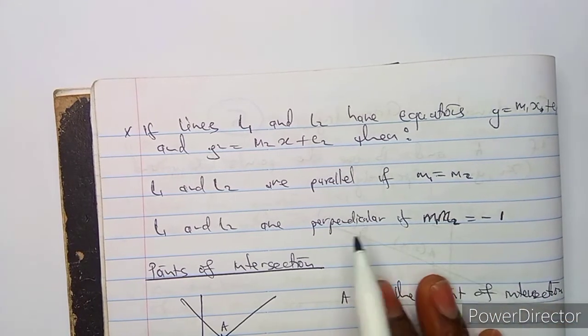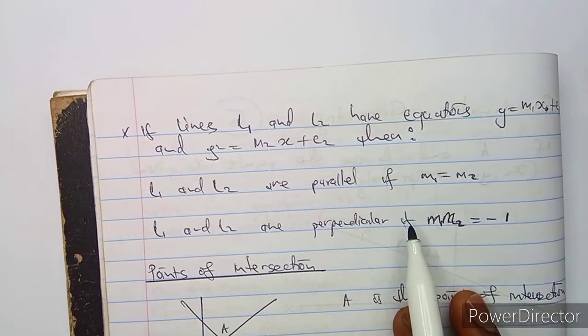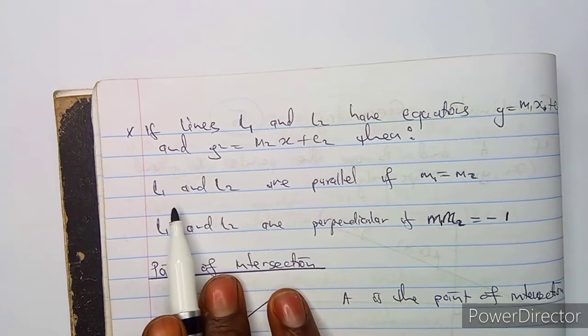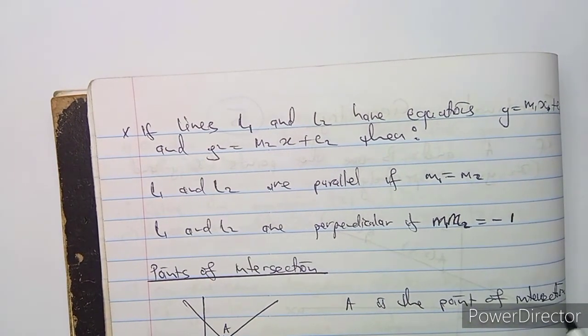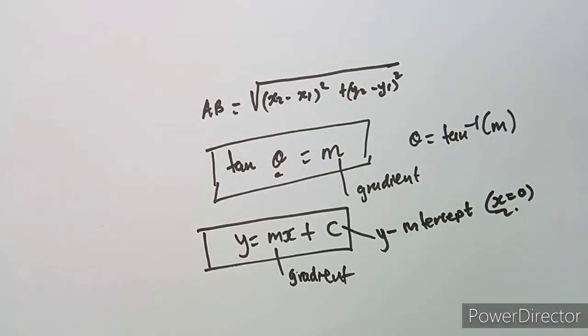If two lines are parallel, they are going to have the same gradient. If they are perpendicular, the product of their gradients is -1.